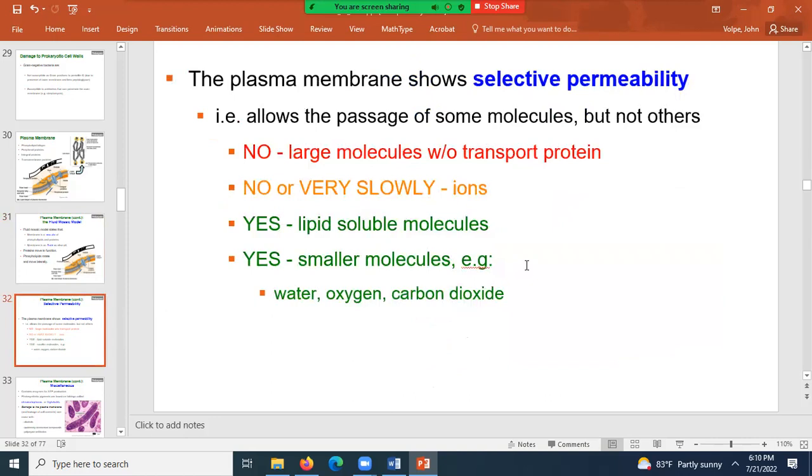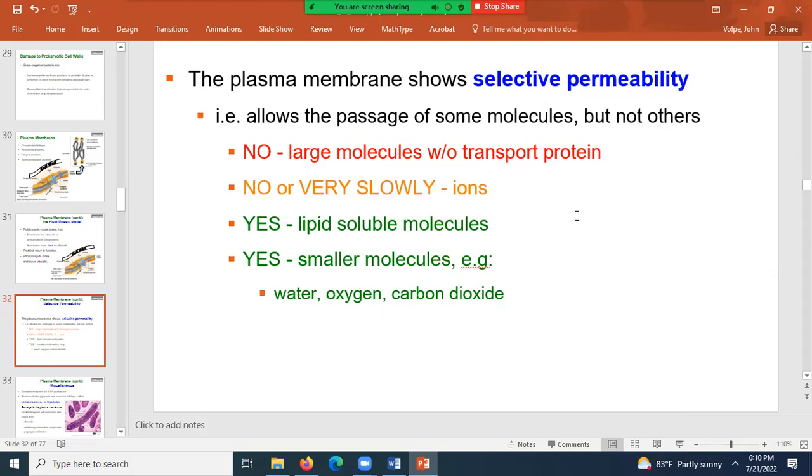Lipid molecules, on the other hand, are soluble in the bilayer. So lipid molecules can move right into the cell or right out of the cell. They can move into the cell membrane because they're soluble in it, and they can move inside the cell. But if you think about it, most cells, like a blood cell, are in the blood, which is mostly water.